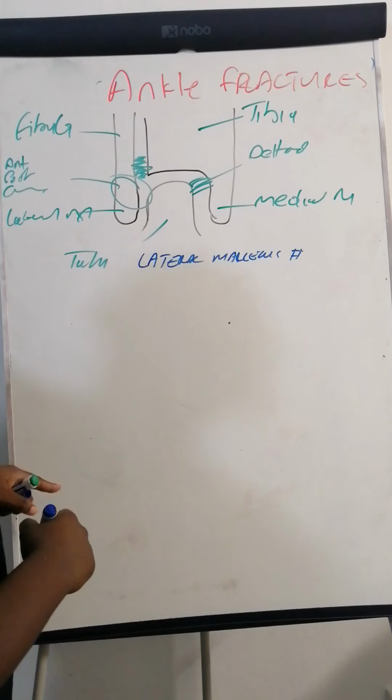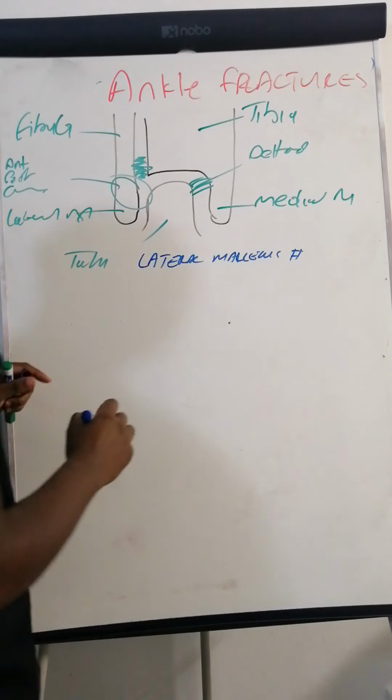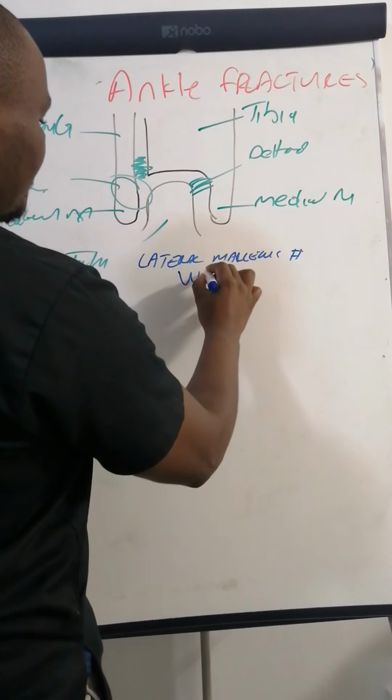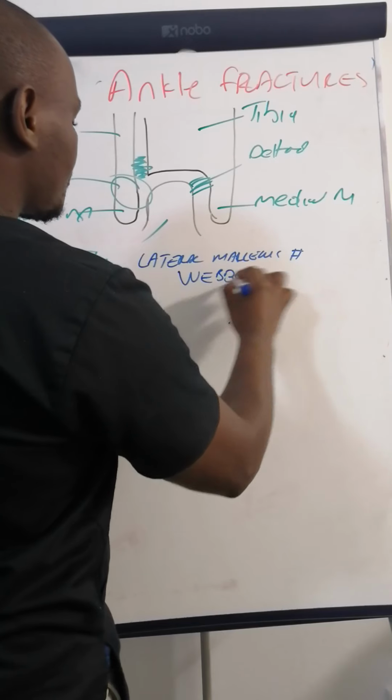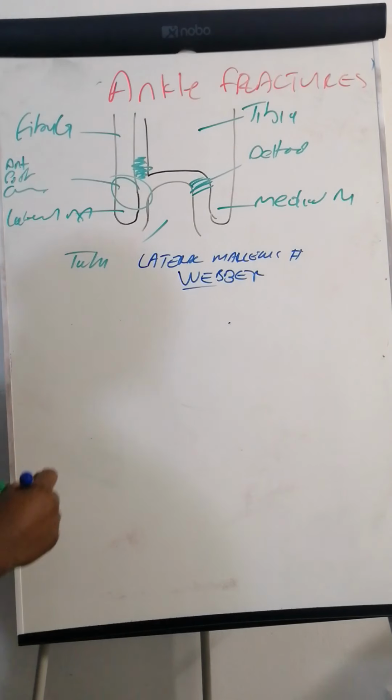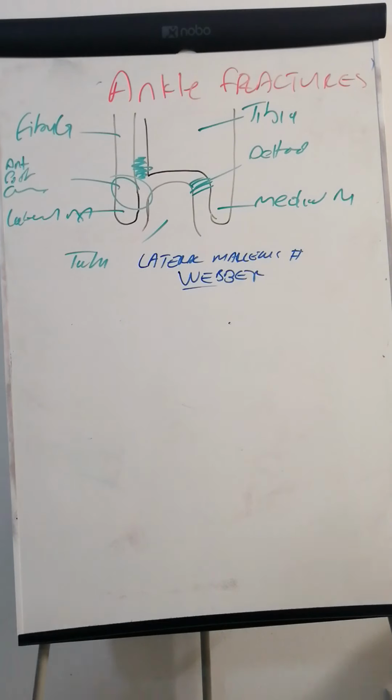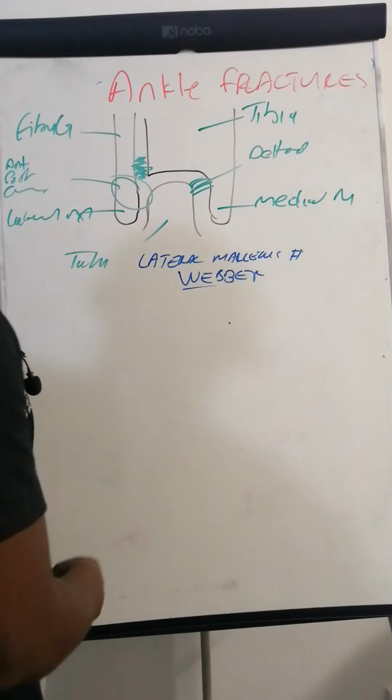When you talk about the lateral malleolus fracture, there's a classification there, the Weber classification, Danis-Weber classification. So when you approach a lateral malleolar fracture, you must think about the Weber classification. It must be in your mind, because it's going to help you to know what to do after making the diagnosis.